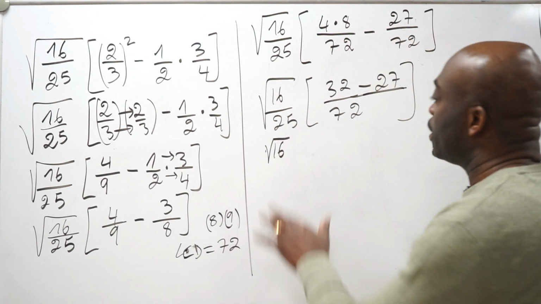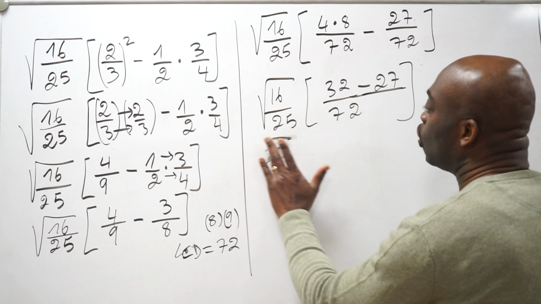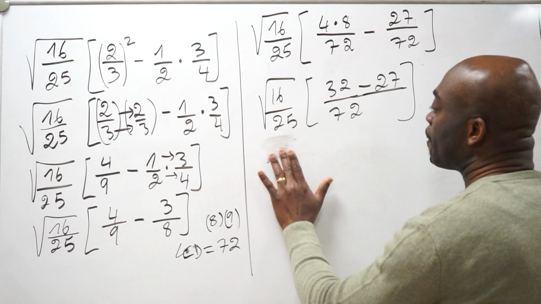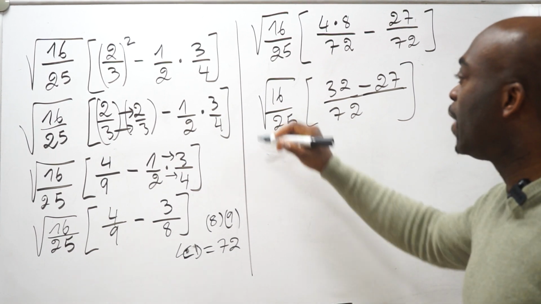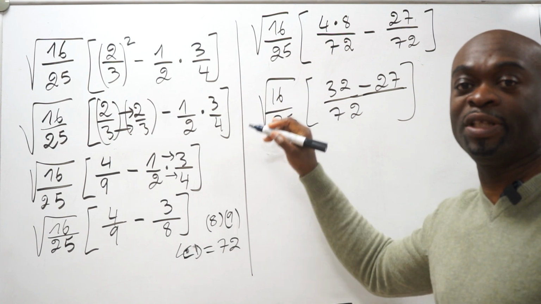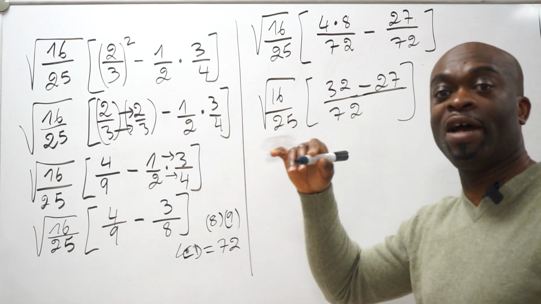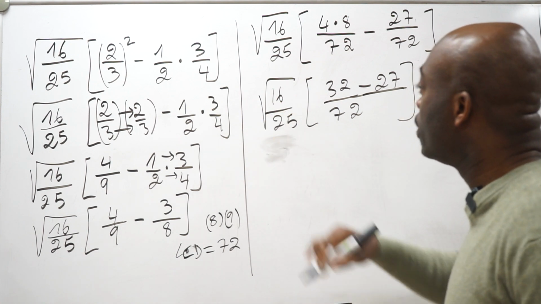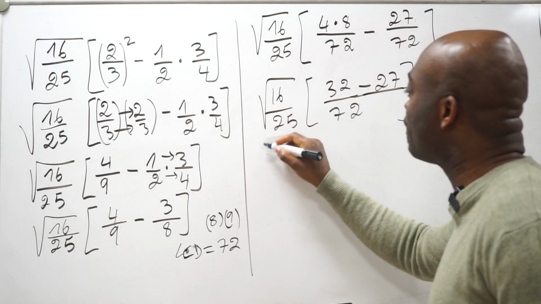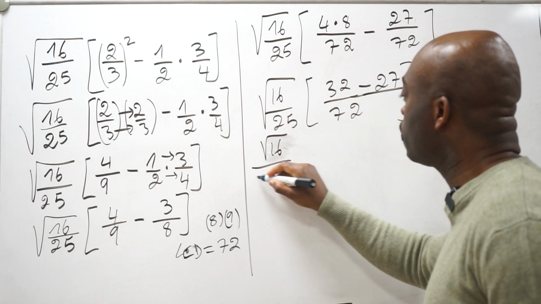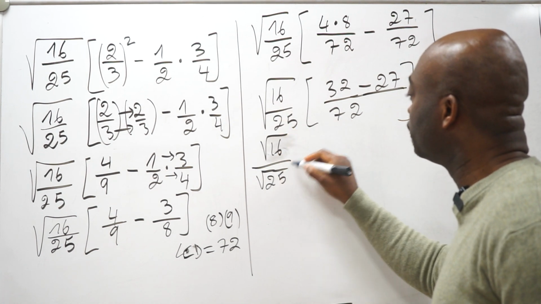So you end up with square root of 16. Now, even here, ladies and gentlemen, what can we do? As we get in close to the answer, what we can also do is to begin to work on this one as well, okay? So that you don't have to drag it all around. So this one is what? This one is just the same thing as having square root of 16 over square root of 25.